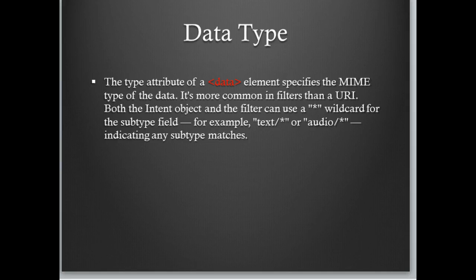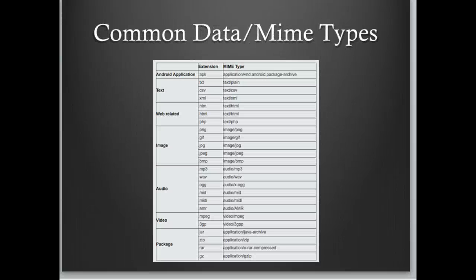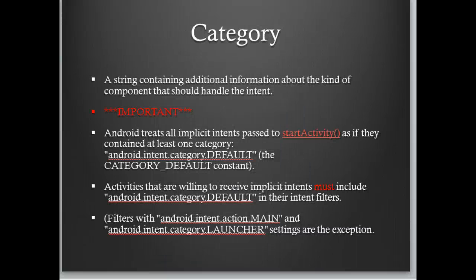So data type, it's hard to make many generalizations about this because this is oftentimes used with multimedia, sounds, images, movie clips, things like that. It's really context sensitive. This is a case where if you want to play audio or you want to show an image, you probably want to look for a couple of examples of what it's doing. Category is really tricky.